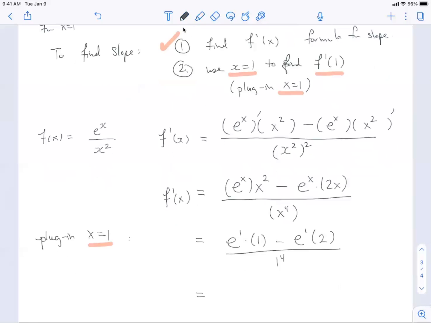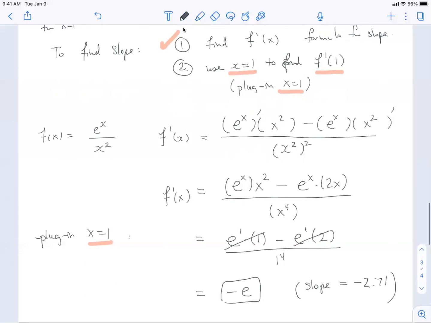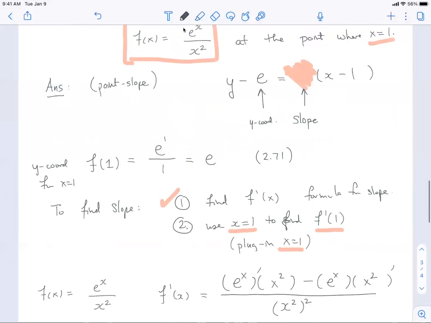When I simplify that down, I get e minus 2e, that's negative e. So my slope that I was in search of is negative e, which is about negative 2.71. So now I found my slope, and I'll go back up to my answer and put that in. We said the slope was negative e, and that's all we need.